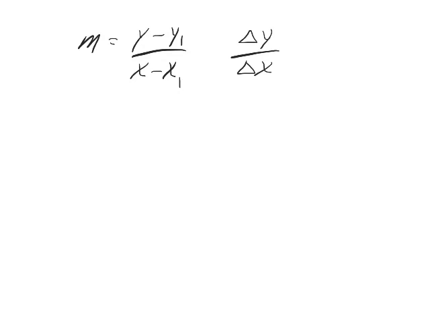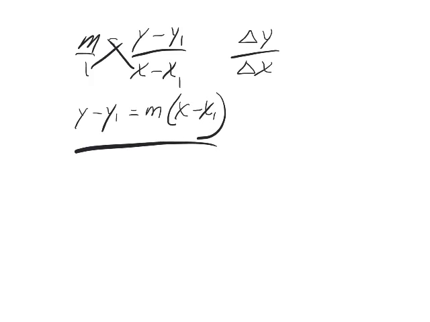And if you want to set this up in what they call point-slope form, you just cross multiply like that. So y minus y1 equals m times x minus x1. And there is your point-slope equation, okay, which is in the middle of page 106.